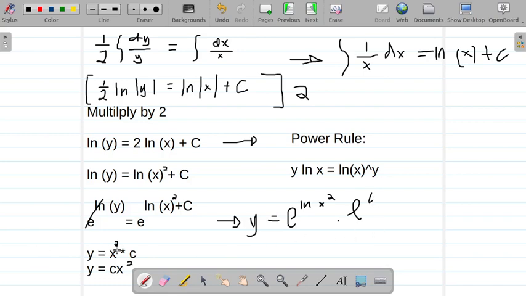So, anything raised to the power of e to the power of ln is just equal to whatever is inside ln. So, x squared.